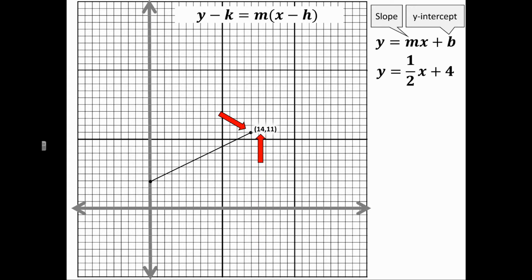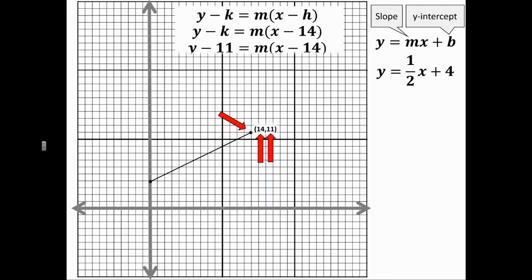So this is 14, it's in the x position, so it should go next to the x in our equation. This is the y value, so it should go next to the y in the equation. And then, of course, our notorious slope is up 1 over 2, so that is what's going to go into our m, as it always does.